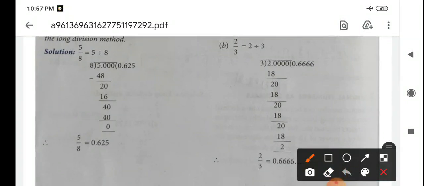Then 5 is less than 8, so here we start from 0. 8 zeros are 0, we write 0, then we put one decimal point, then 8 6s are 48, then as usual we do the division. When the numerator is less than the denominator, we start from 0, then put one decimal point, then we start our division. Clear?